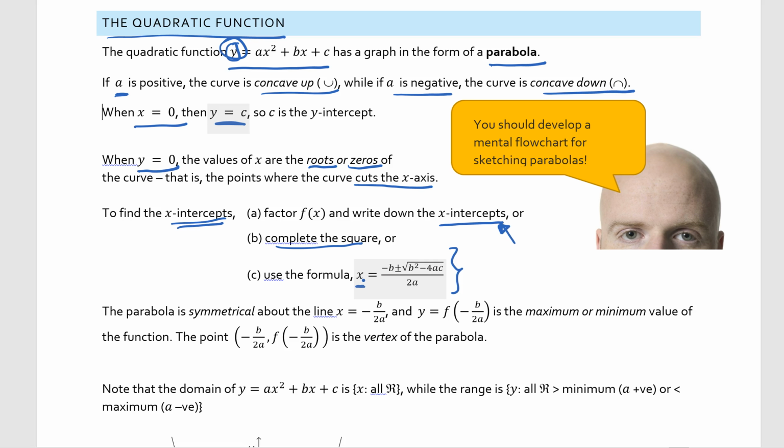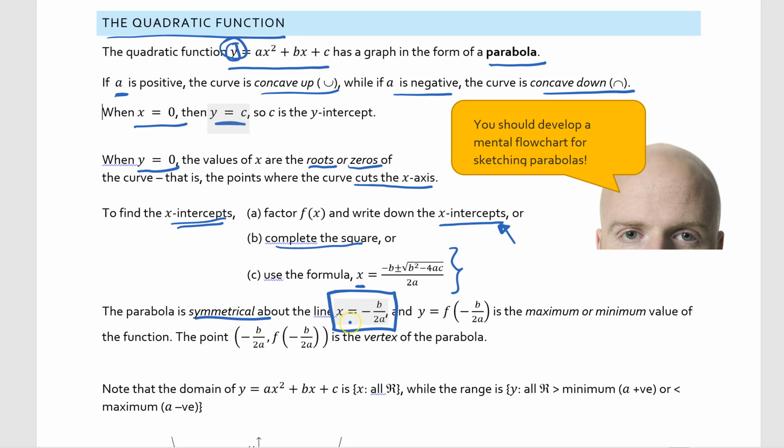Now, parabolas are always symmetrical, and they're symmetrical about this line, x equals minus b on 2a. And that line, if the parabola has roots, and not all parabolas do, but if that parabola has roots, then it's midway between the two roots.